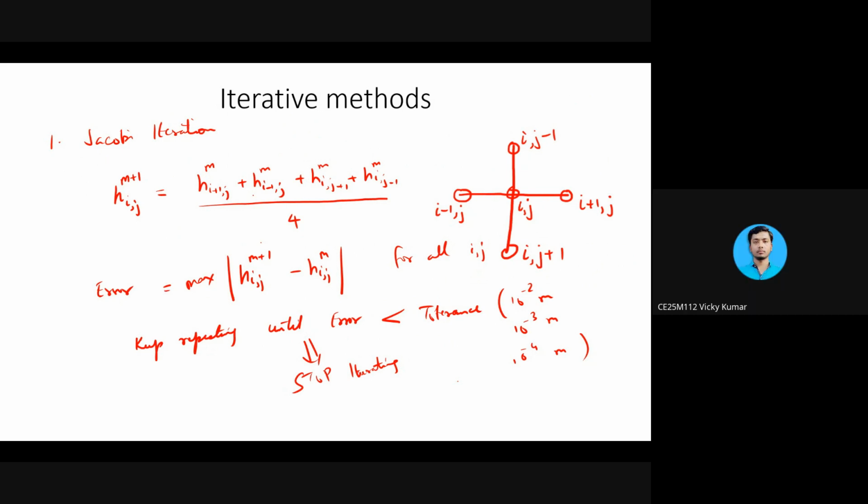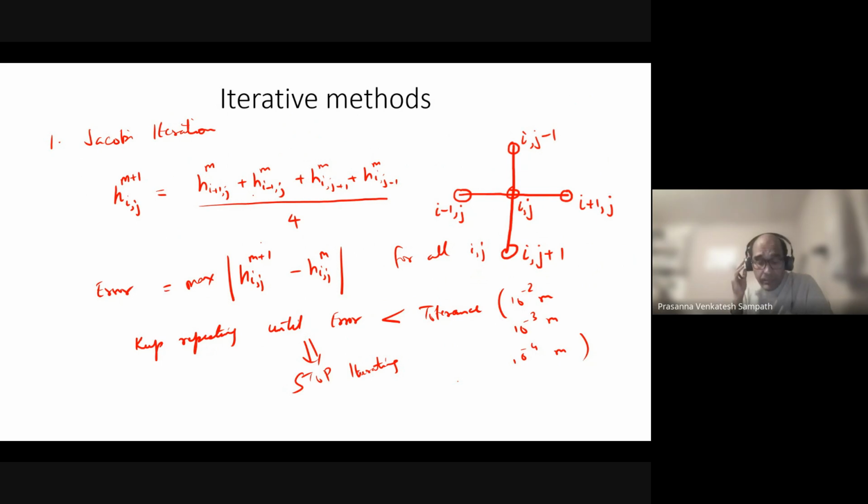Can you repeat, sir? Let us say I'm able to solve this using 10 iterations. When I say solve it, I mean until the error becomes less than the tolerance. That is the criterion for stopping these iterations.